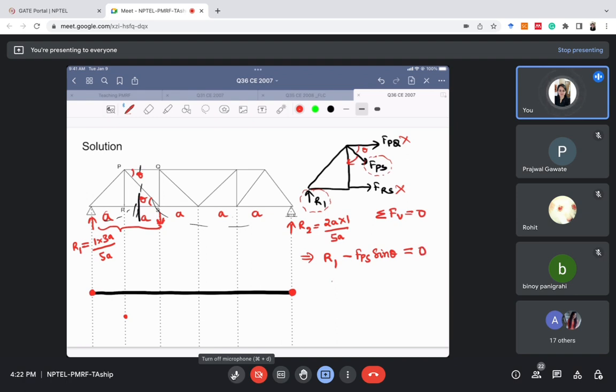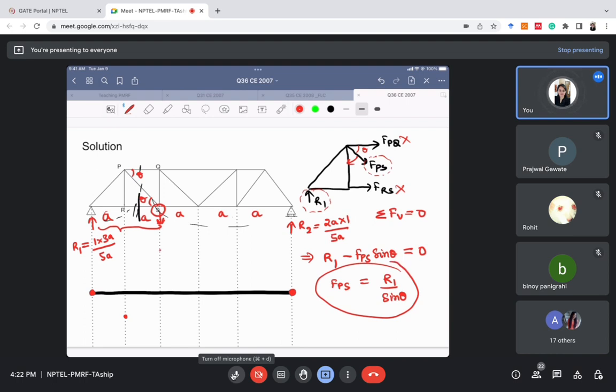So we'll calculate FPS as R1 divided by sine theta. Again, we do not need to calculate the values because we just have to know what is the shape of the ILD here. So when we applied the unit load at point S, we are getting force in FPS as positive, right? That is in tension.